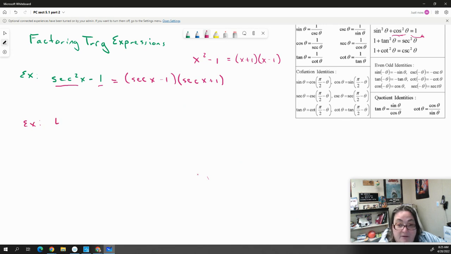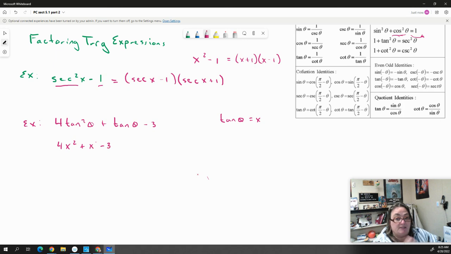If I have 4 times tangent squared of theta plus tangent of theta minus 3. When I look at a problem like this and I want to factor it, the tangents throw me off. So I like to think of this problem as if I make tangent theta equal to x, I could rewrite this problem as 4x squared plus x minus 3.